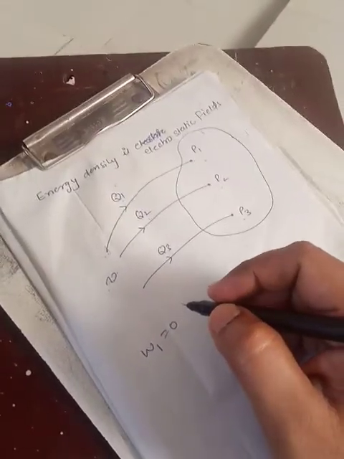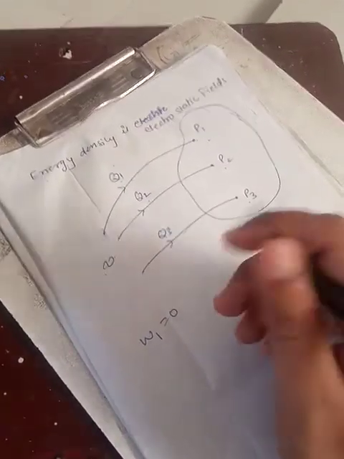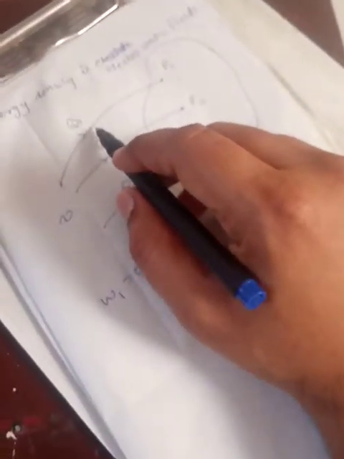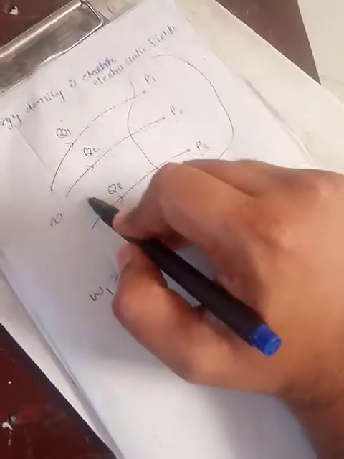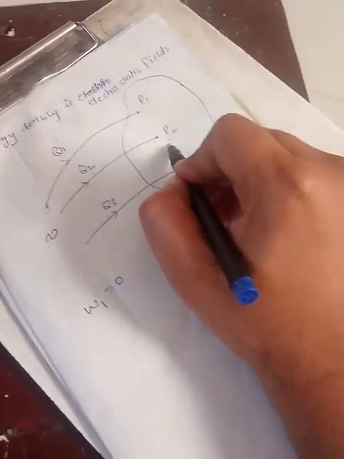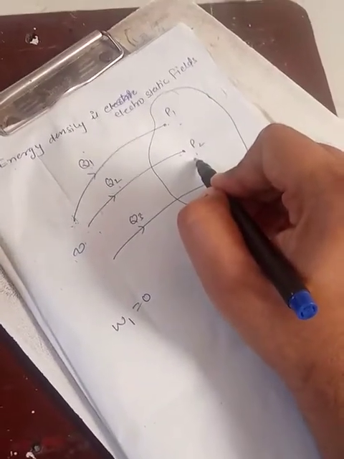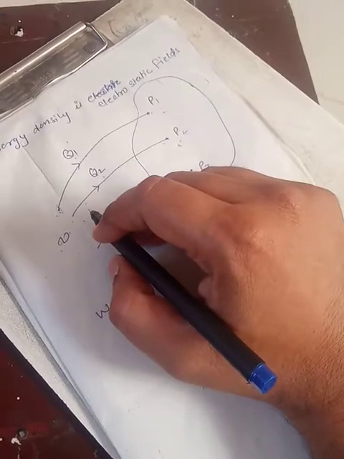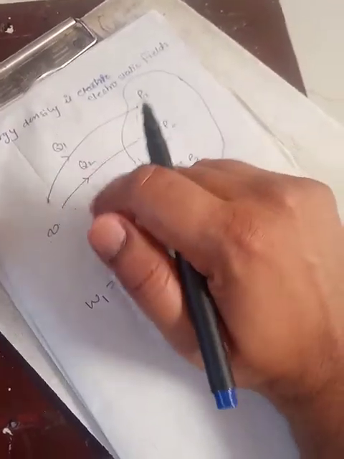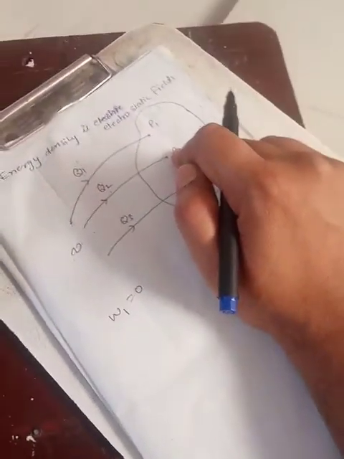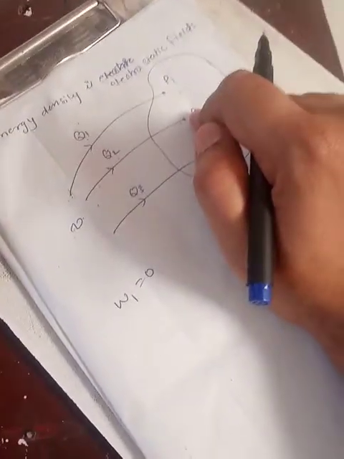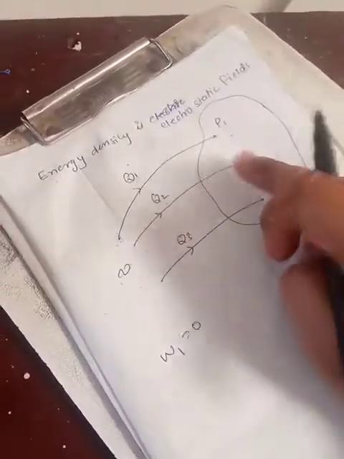Now the work done in transferring Q2 from infinity to P2 is quite interesting. The total work done is equal to the potential at P2. I hope you are getting my point, because we have already done how to calculate the potential.